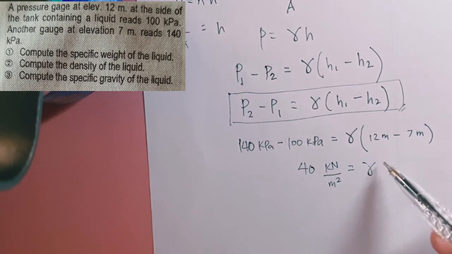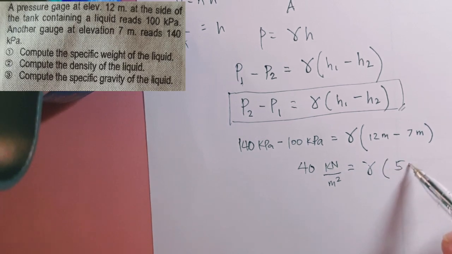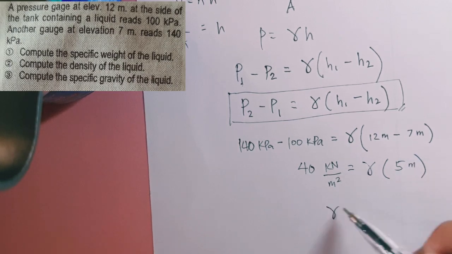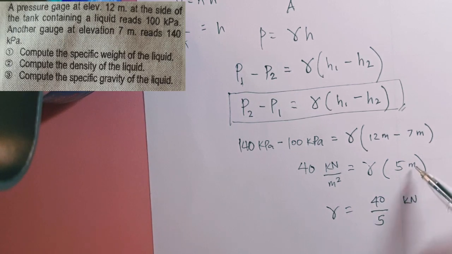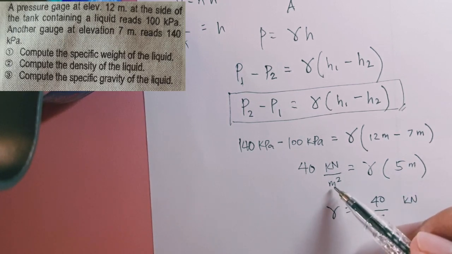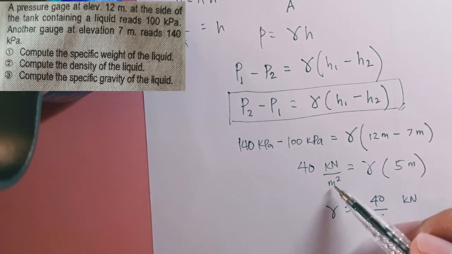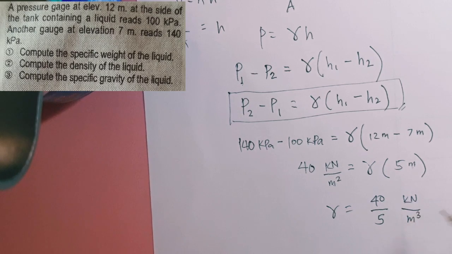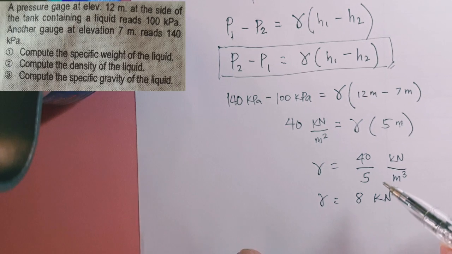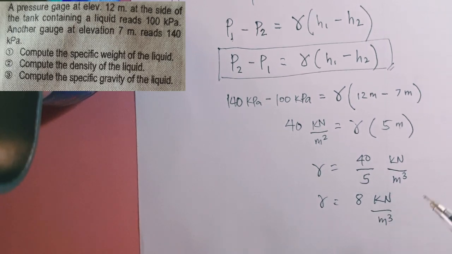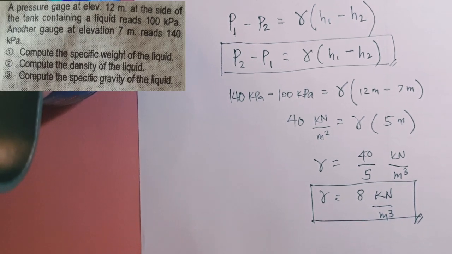Gamma is multiplied by difference in elevation 5 meters. Okay, so gamma is 40 over 5 kilonewton. Since ma-divide nimo siya dire, so ma-multiply nimo ang meter, cubic meter. Okay, so that is 8 kilonewton per cubic meter. Okay, sabtan.